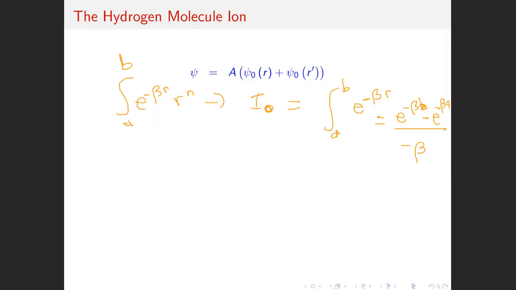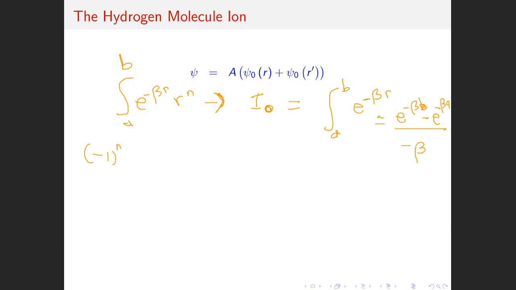Once you have this integral, how do you get the other one, which has the r to the n? We did this even last year: you differentiate with respect to beta. This is the last formula that appeared in one of the last slides of the last lecture.